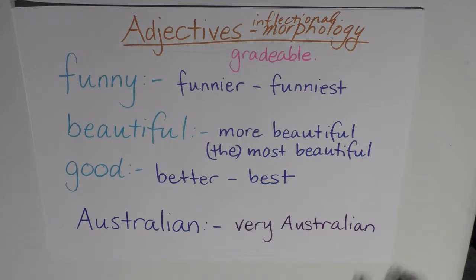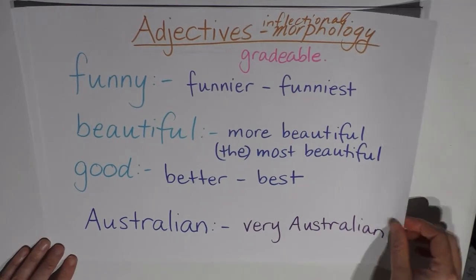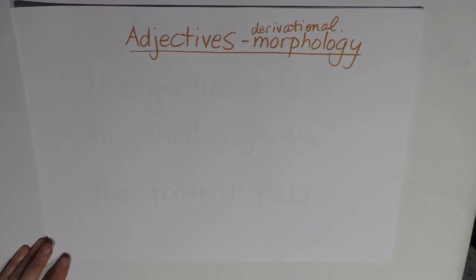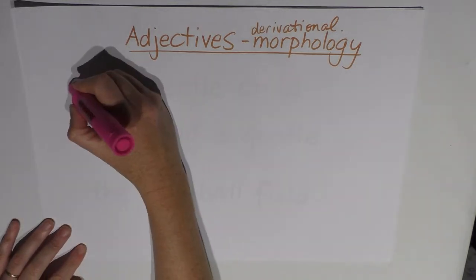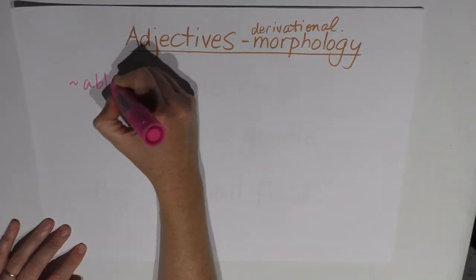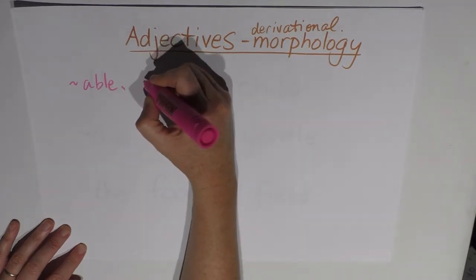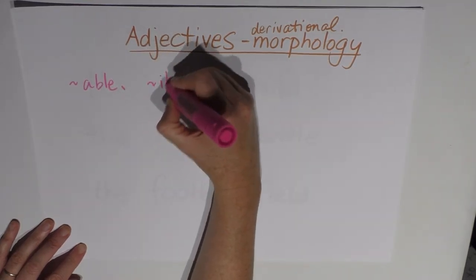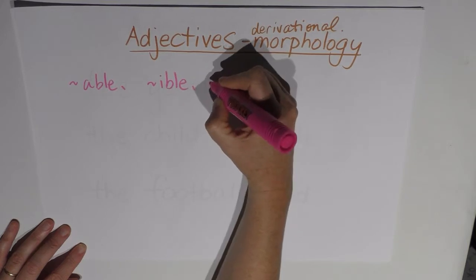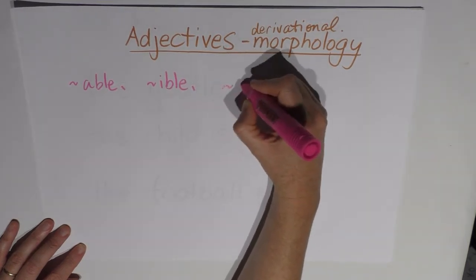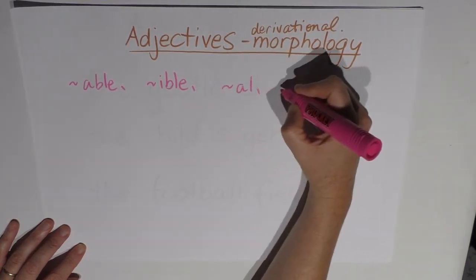Now, in addition to this inflectional morphology, adjectives also take some derivational morphology. So I'll throw out some examples for you and write them down as we go. Okay, so we have able, as in capable. We have ible, as in credible. We have al, A-L, as in emotional.